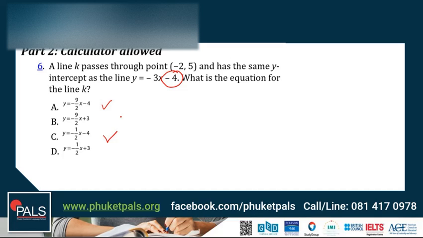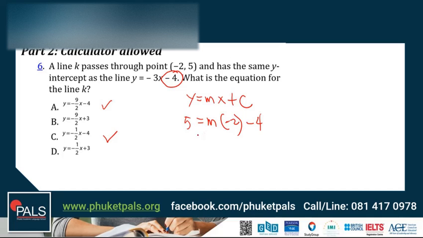Now, to find the slope so that we may find which of the equations in A and C is the correct answer, let us use the slope-intercept form. y equals mx plus c. y is 5, m we don't know, x is negative 2, then the y-intercept is negative 4.